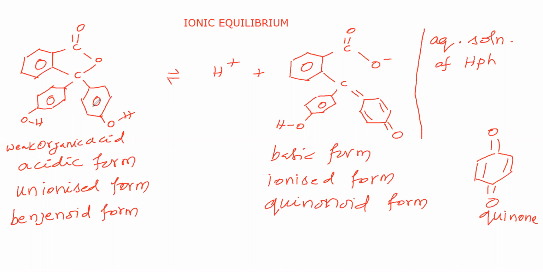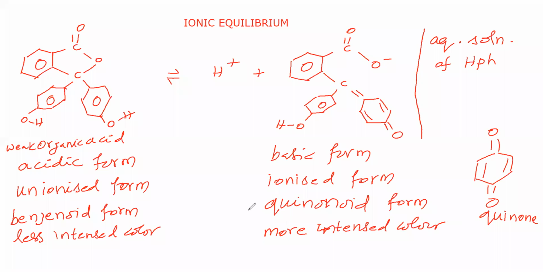Next, this benzenoid form always possesses less intense color. This quinonoid form always possesses more intense color. So this benzenoid form is having less intense color, and quinonoid form is having more intense color.